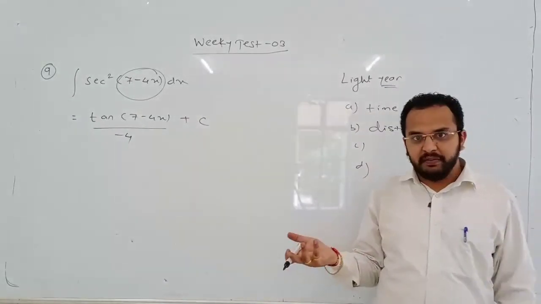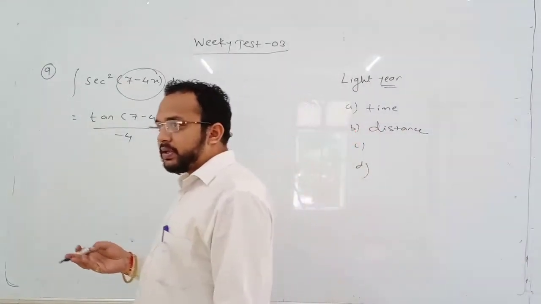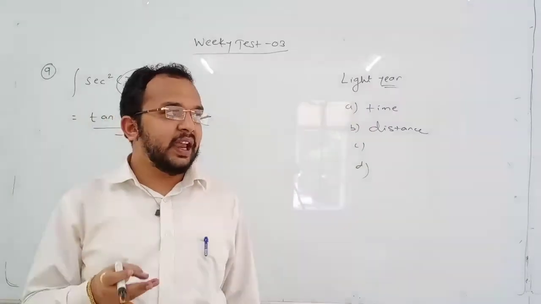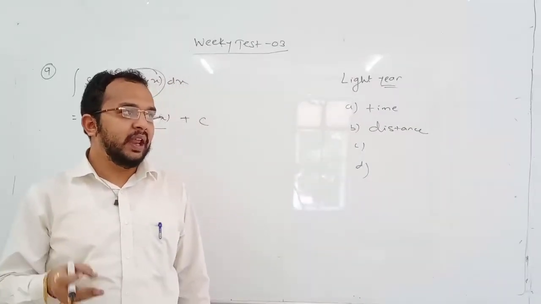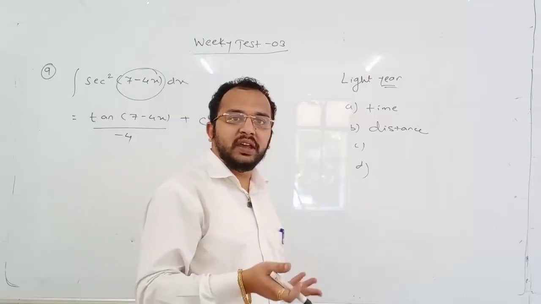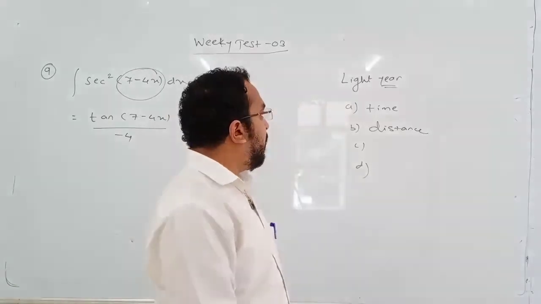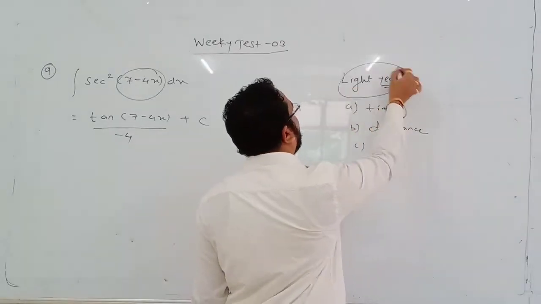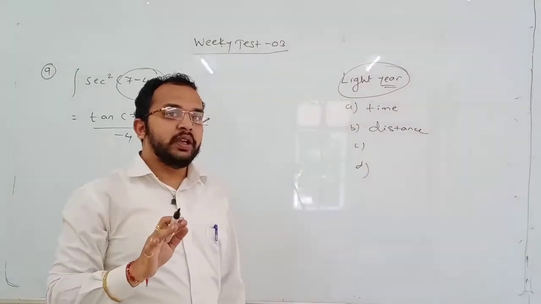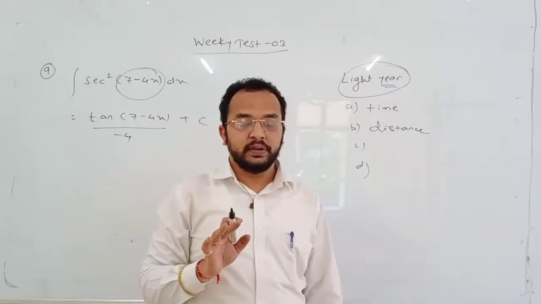Year is a unit of time, because second, minute, hour, day, week, month, year are the units of time. But what is the meaning of light year? Light year is actually a unit of distance.